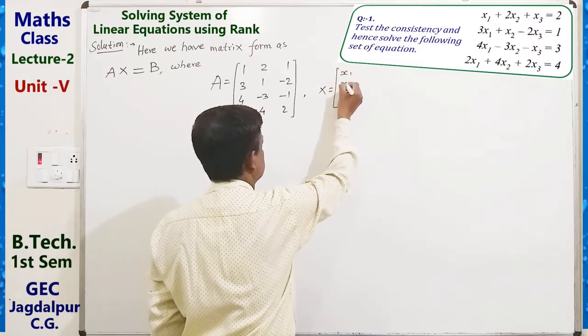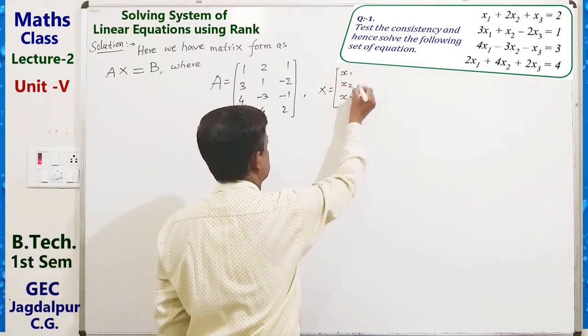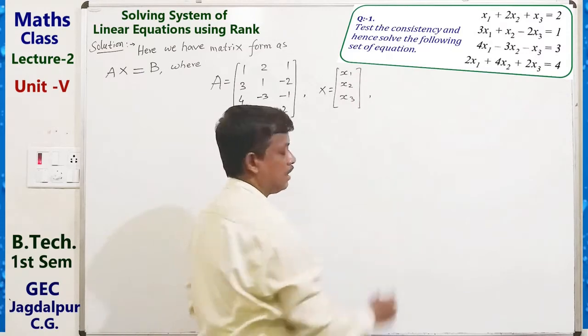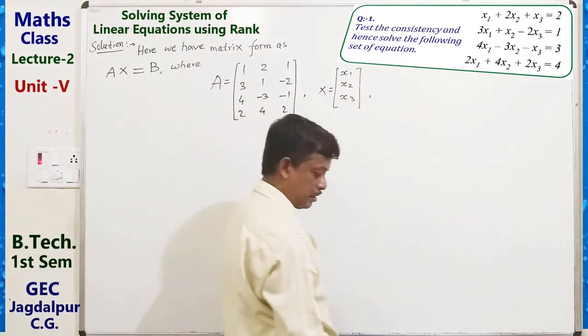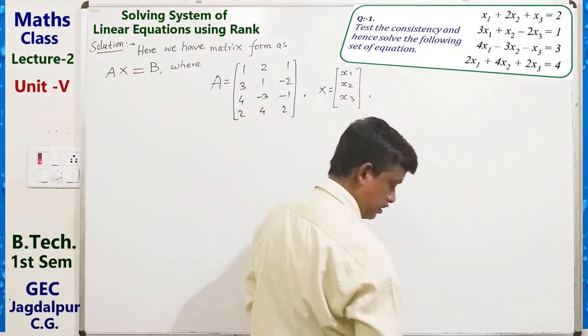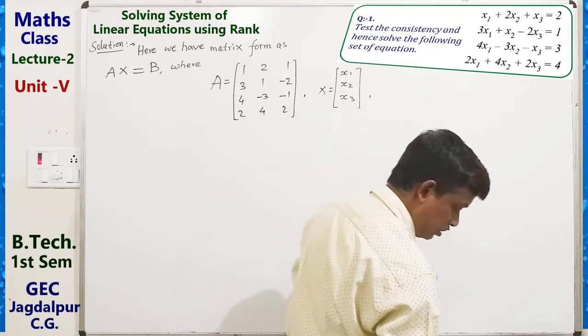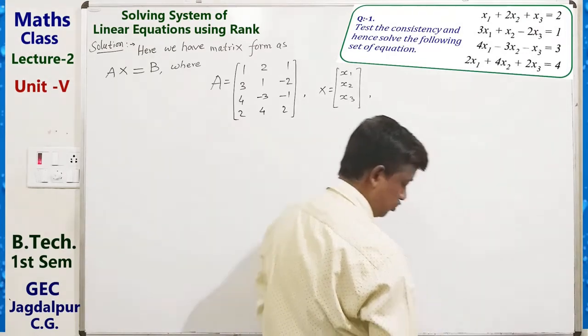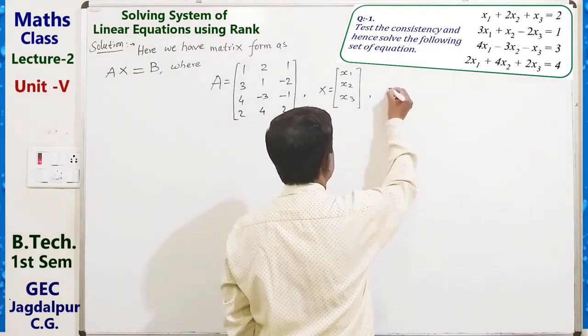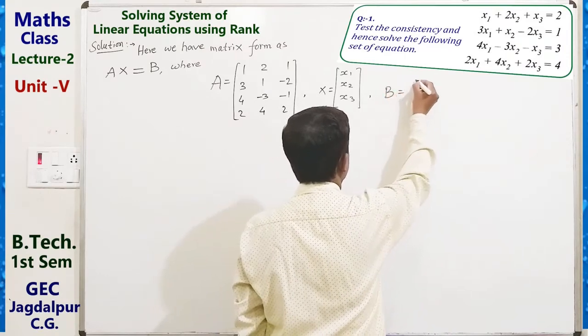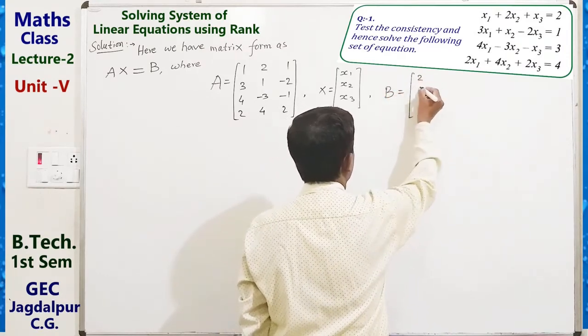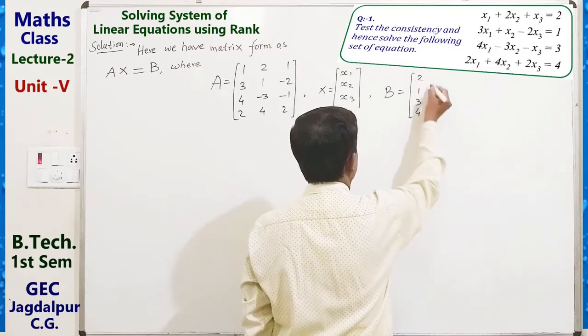And x is x1, x2, x3, and B is 2, 1, 3, 4.